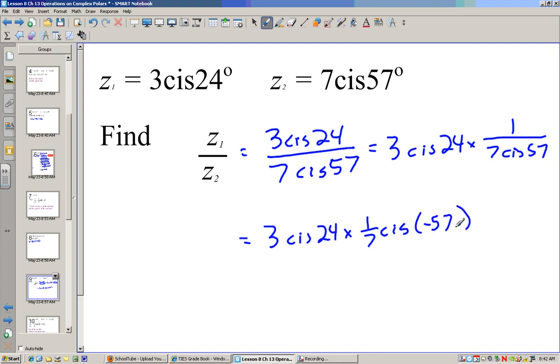We learned that on the previous problem. So now we just can multiply. 3 times 1/7 is 3/7 CIS, and now we just have to add negative 57 with 24. So 24 plus negative 57 is negative 33.